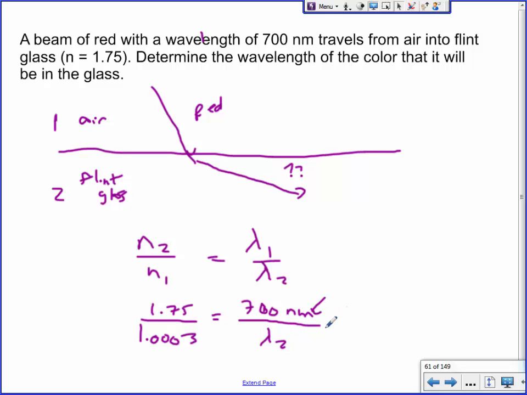The answer is no. Because if you just solve for wavelength 2, the unit of wavelength 2 would also be in nanometers. So you don't have to take the time to bother converting it times 10 to the minus 9. You can just use it as is. Okay, rearrange. 700 times 1.0003, divide by 1.75. I got 400 basically.